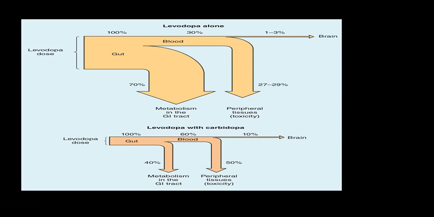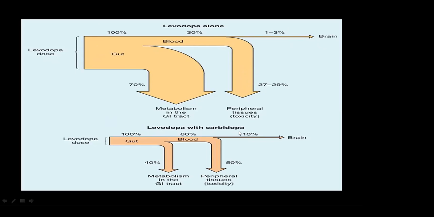And for the one-third that is left, remember that only one-third of the concentration of the levodopa that is administered can enter the brain, because the enzyme dopa decarboxylase will metabolize the levodopa that was administered, and 27 to 29% is converted to dopamine.